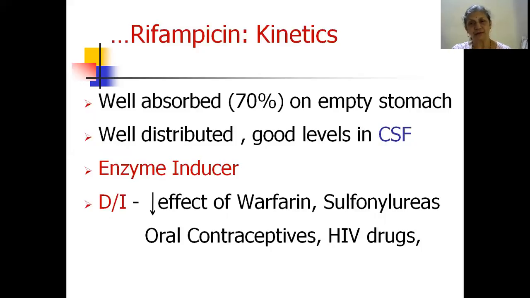So effect of warfarin, sulfonylurea, the anti-diabetic agents, would be reduced. Even oral contraception can fail. HIV drugs also being administered to coexistent HIV as a comorbidity, they could be rapidly destroyed and therefore their effectiveness could go down. So some of these interactions are very important to remember.